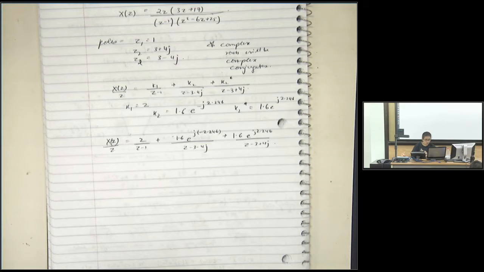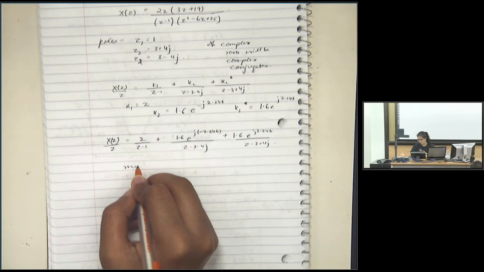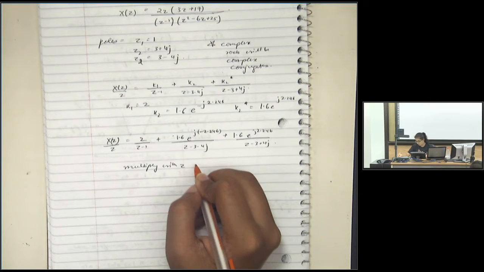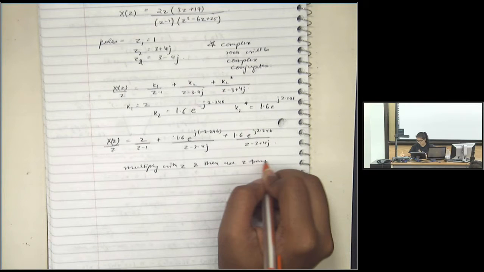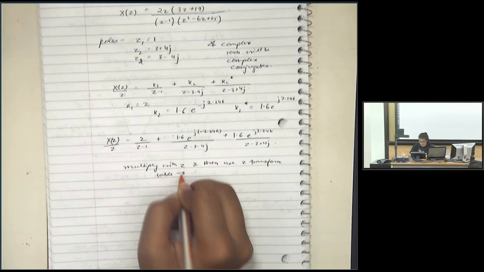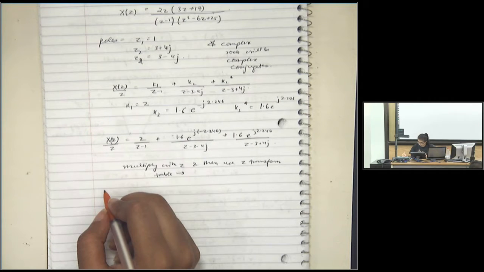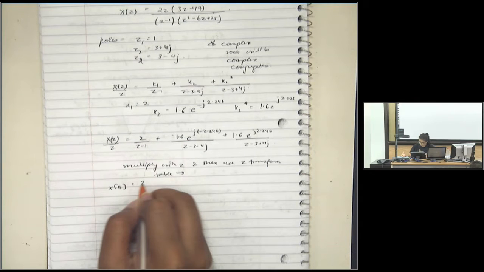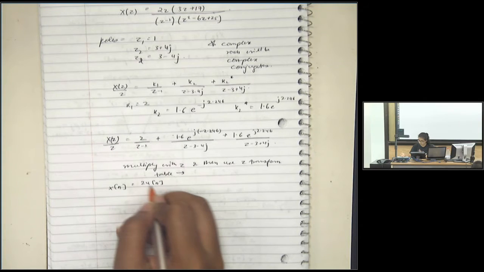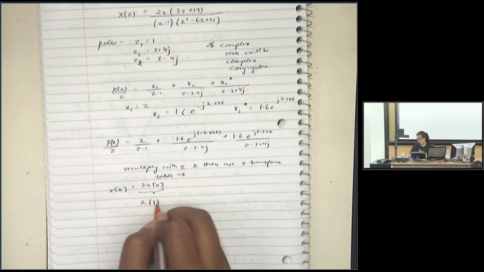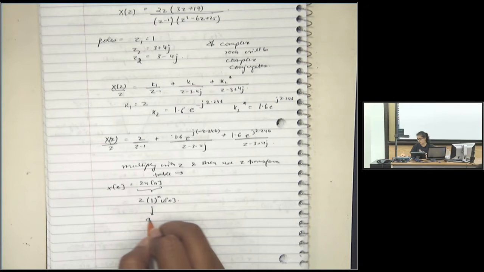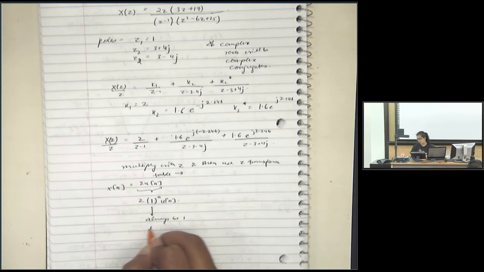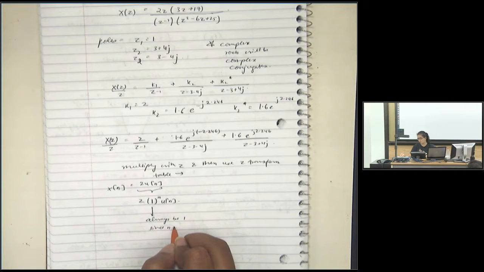Okay, and then using our z transform, again multiply with z and then use z transform table. All right, we will get x of n to be 2 u of n, or this can be written as 2 times 1 raised to power n u of n. This will always be 1 since n is greater than or equal to 0.